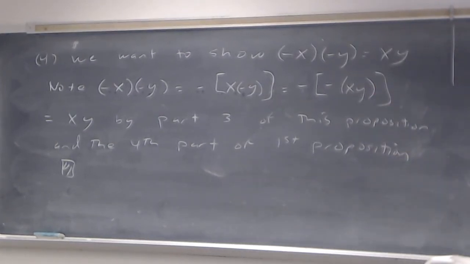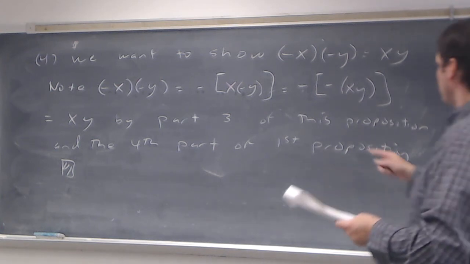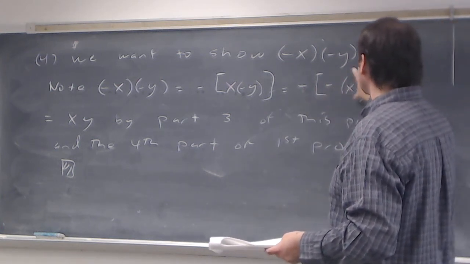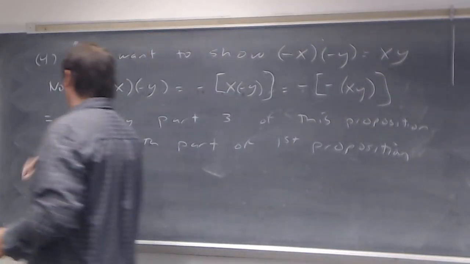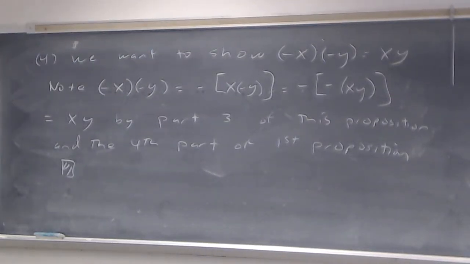Again, that's by that third part of this proposition. Now if we go back and look at the fourth part of the first proposition, what we have is that minus a field element is just equal to the field element. So that's why this is true.